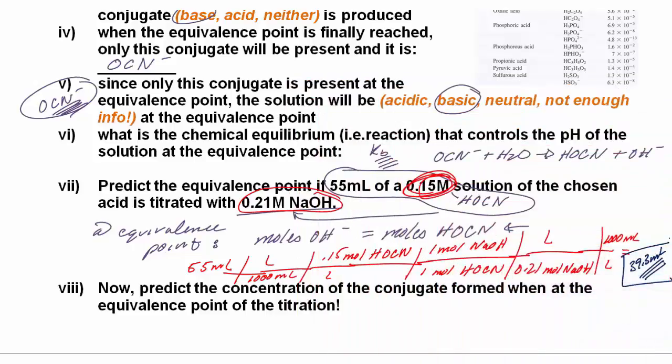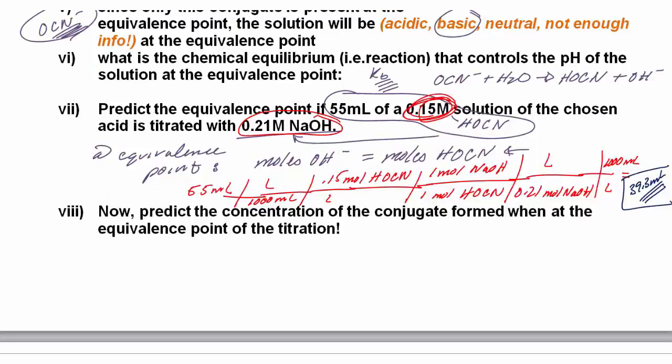So now predict the concentration of the conjugate formed at the equivalence point. What they want to know now is the concentration of the conjugate. What was the conjugate? OCN negative. It equals the moles of OCN minus divided by the total volume.